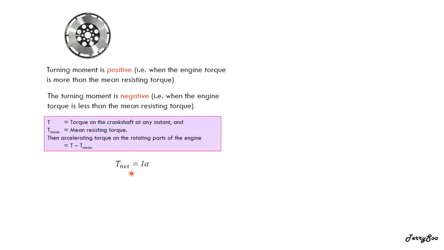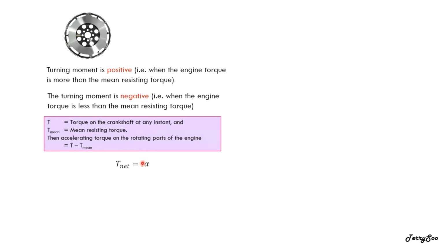According to Newton's second law, we can equate the net torque, T minus T mean, to the product of I alpha. That's Newton's second law for rotational objects.